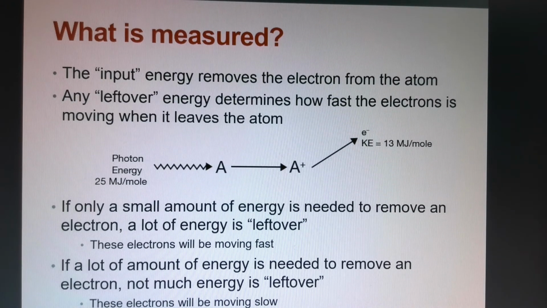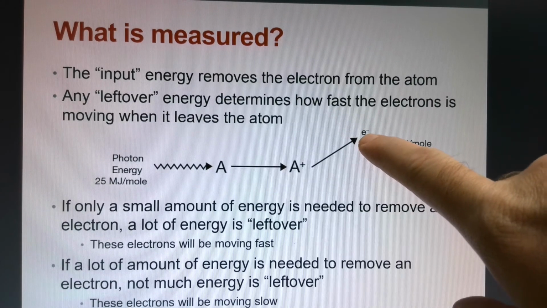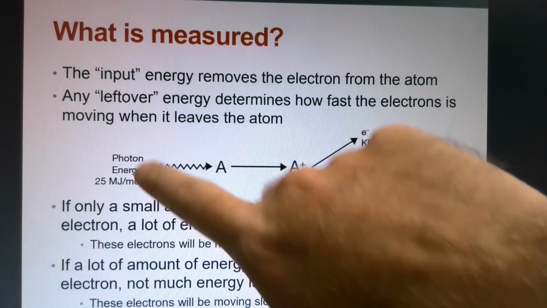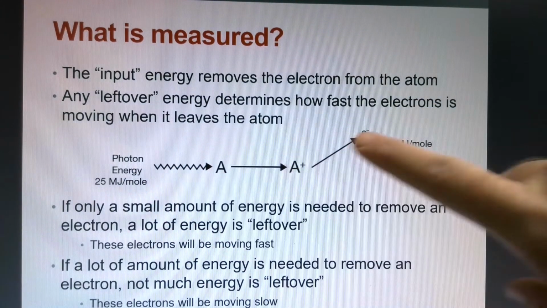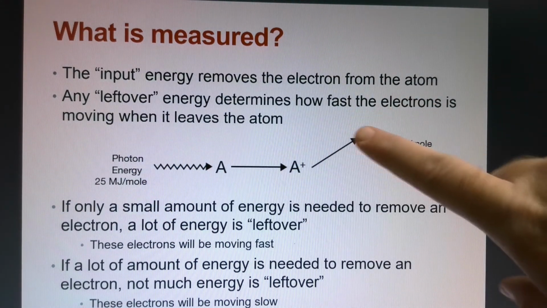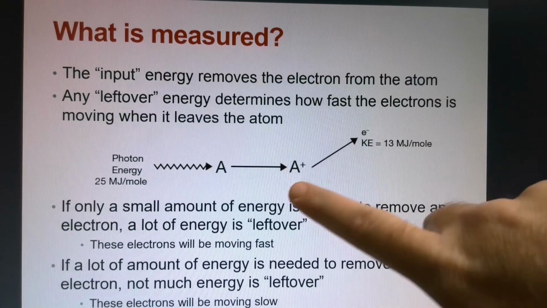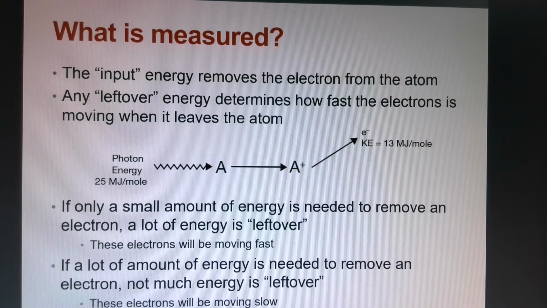So if only a small amount of energy is needed to remove an electron, a lot of energy is left over, and these electrons will be moving really fast. If this electron is traveling really fast, that means that a lot of the energy is still in the electron, and therefore it did not require a bunch of energy to remove it.